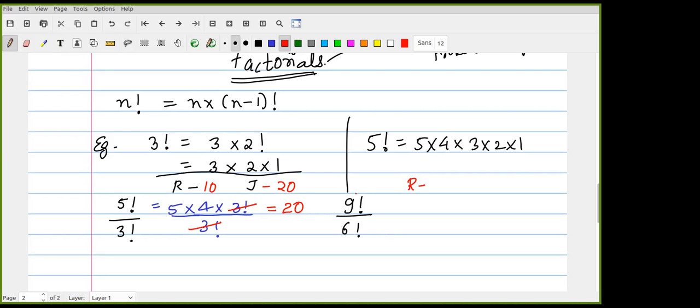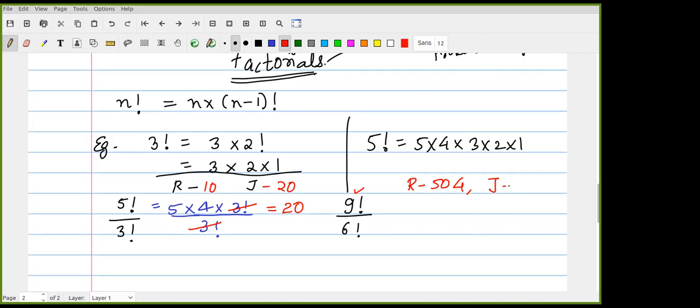Now try this one. Both of you try this problem. Done. Done, sir. 504. Okay, so Ritu's answer is 504.